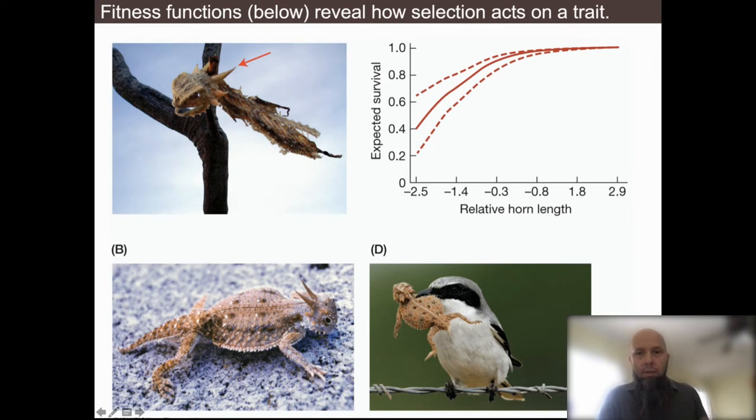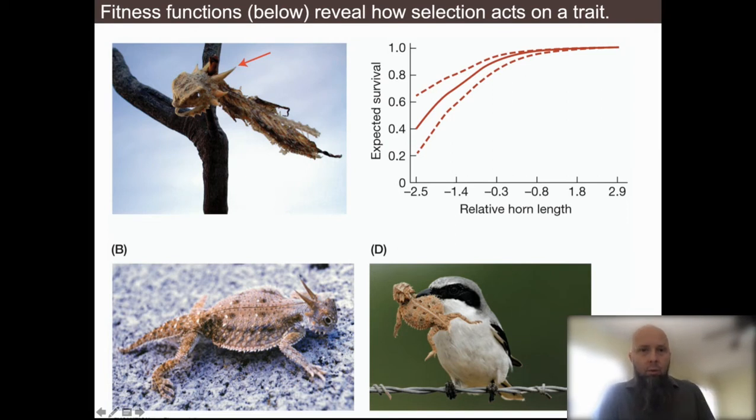Okay, these shrikes are highly predatory, small birds that will eat these horned toads, which are actually lizards. And they do this by impaling them on barbed wire or spines of trees, as you can see in the top left. So they go catch these horned lizards, impale them, and that allows them to eat what they can from the lizard's body. Okay.